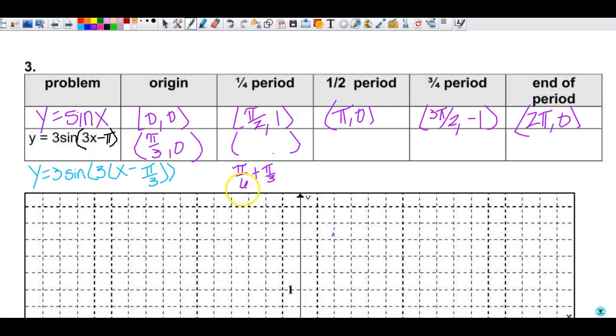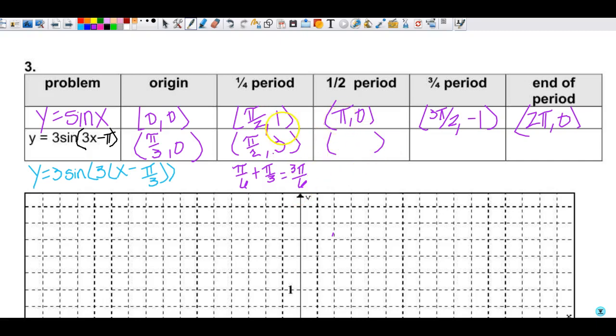So this is really pi sixths plus 2 pi sixths, which gives me 3 pi sixths. And then that reduces to pi halves, which might make you think, what the heck? That's what I started with. But sometimes that happens. And then I take my y value, and it gets multiplied by 3. So it's 3.